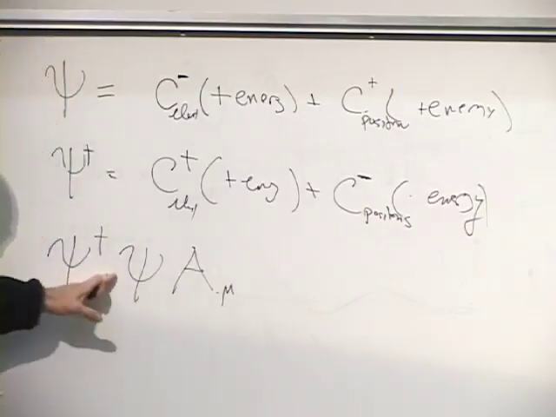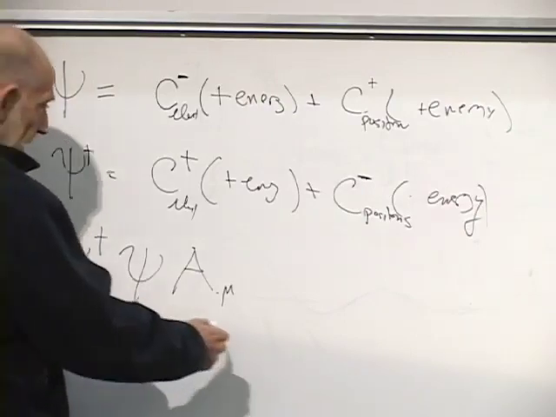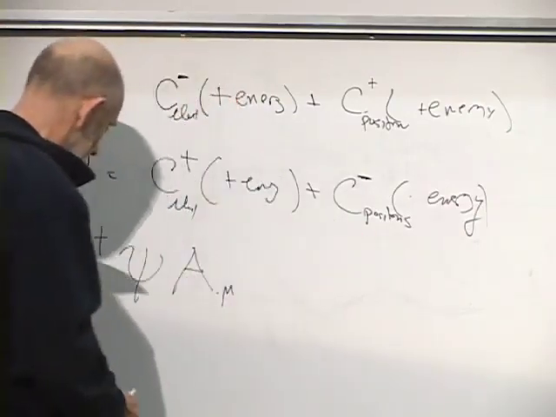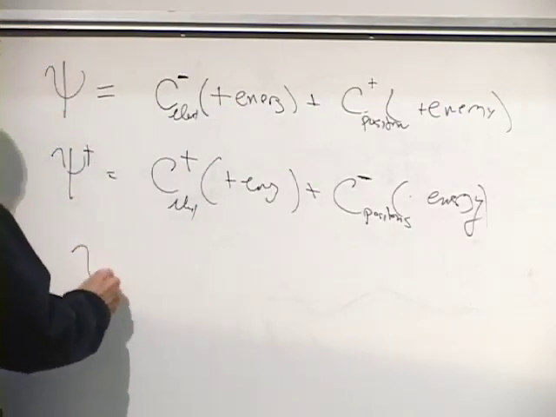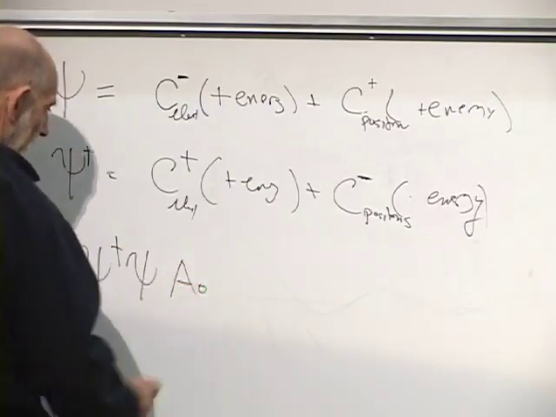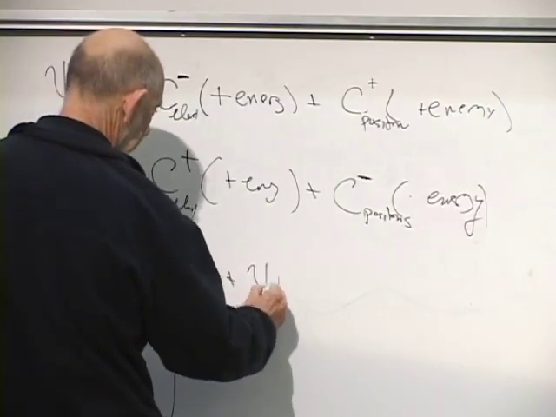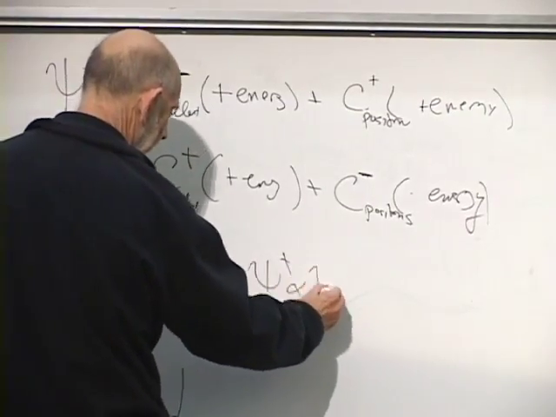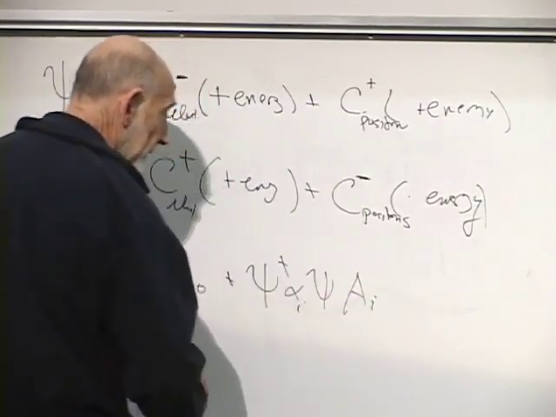And then we have to make a vector out of psi dagger psi. We do that with the Dirac matrices. Let's write it correctly: psi dagger psi times the time component of the vector potential, A naught, plus psi dagger alpha psi times the space components of the electromagnetic field.